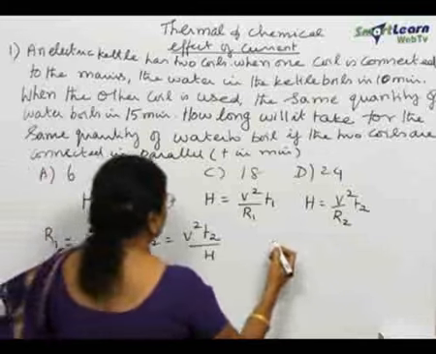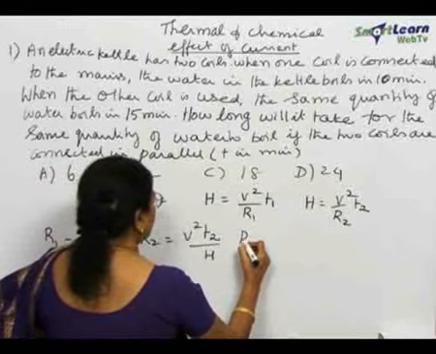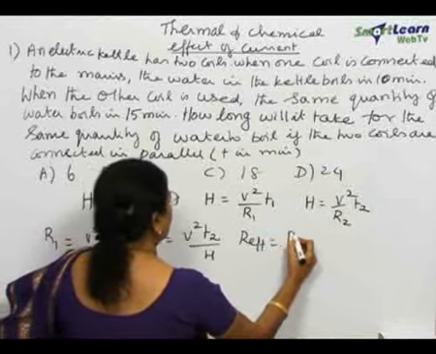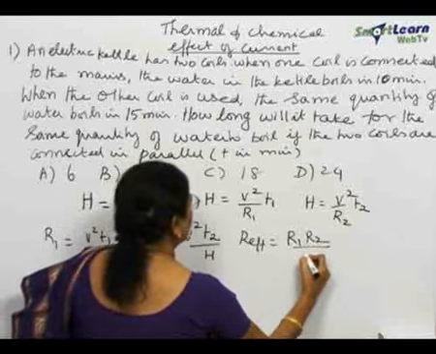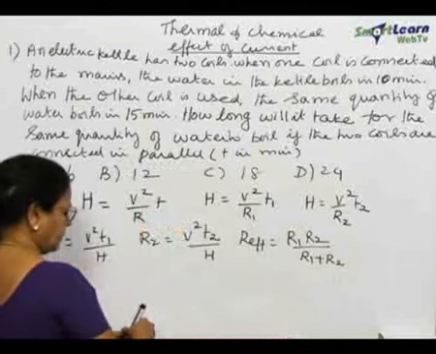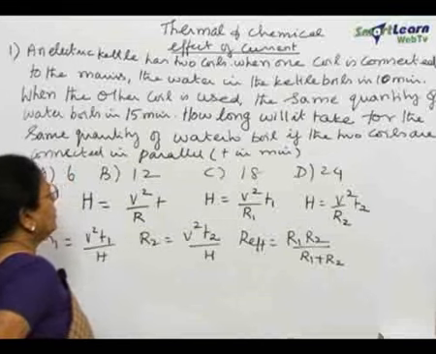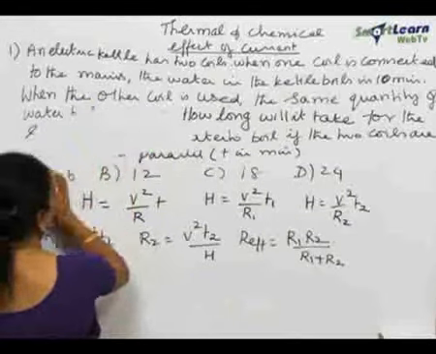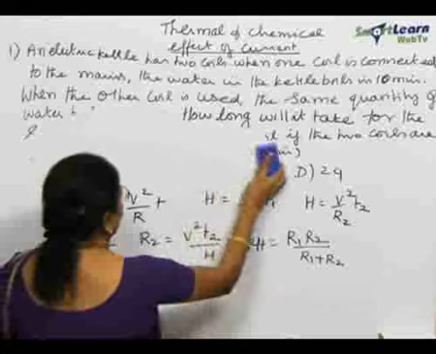When the two coils are connected in parallel, R effective will be R1 R2 by R1 plus R2. Now, how long is it going to take for the same quantity of water to boil?